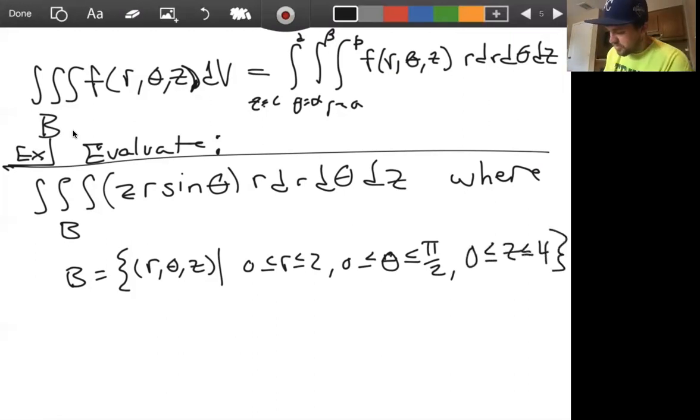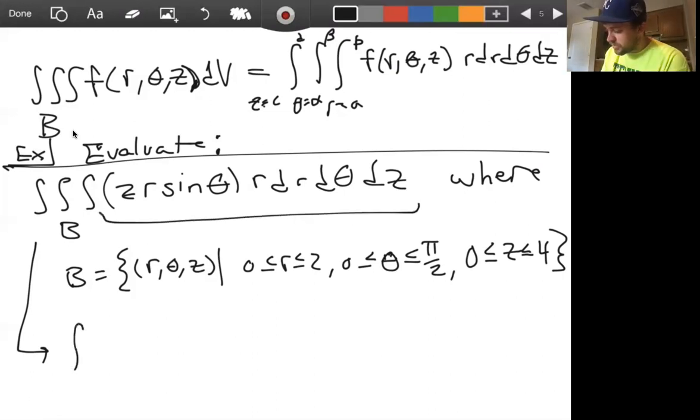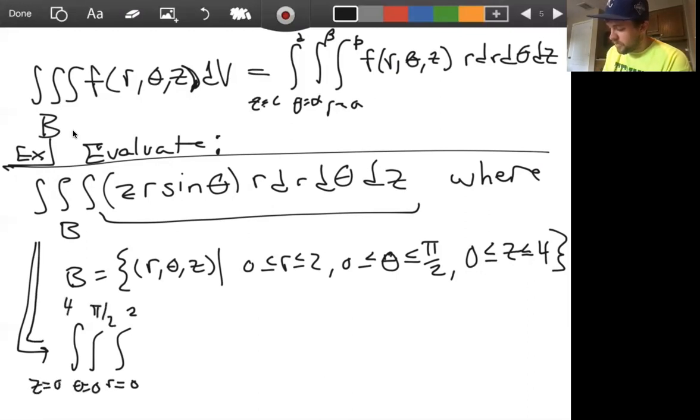And so this is one of the most standard types of triple integrals in cylindrical coordinates, because all the bounds are constant and we know exactly what the function is here. So we have the triple integral, r going from 0 to 2, theta going from 0 to pi over 2, and z going from 0 to 4.